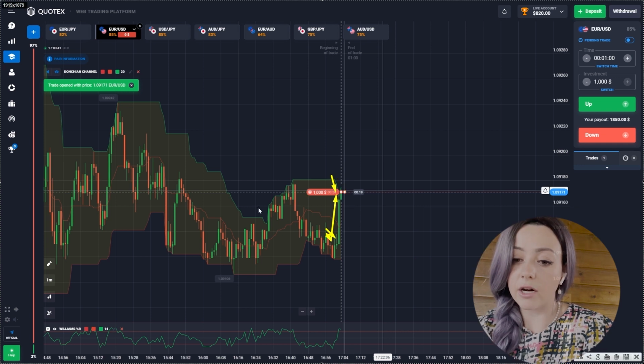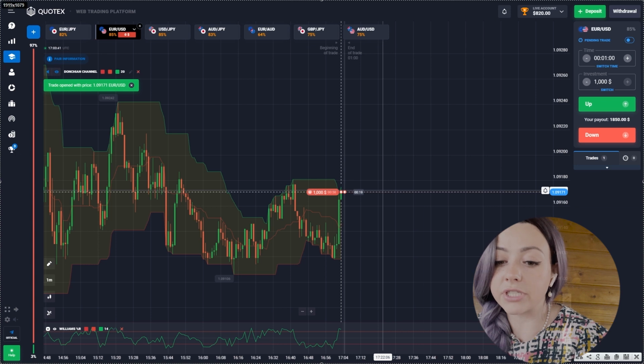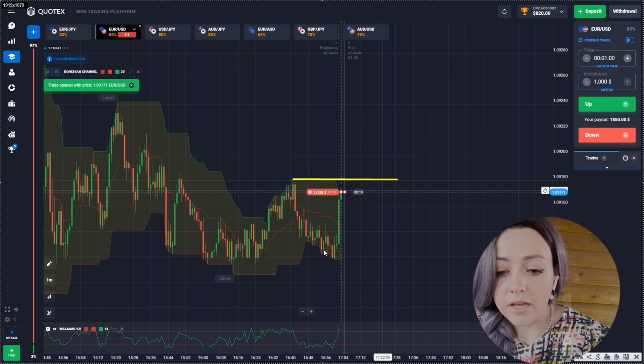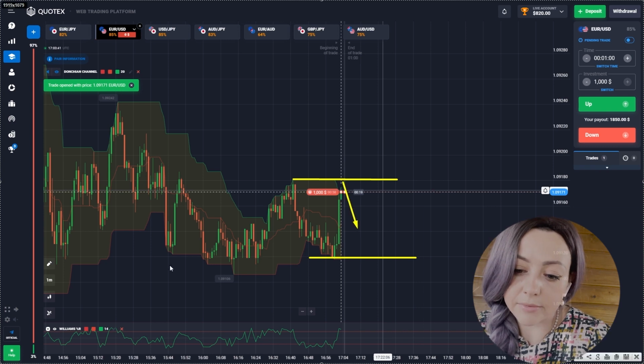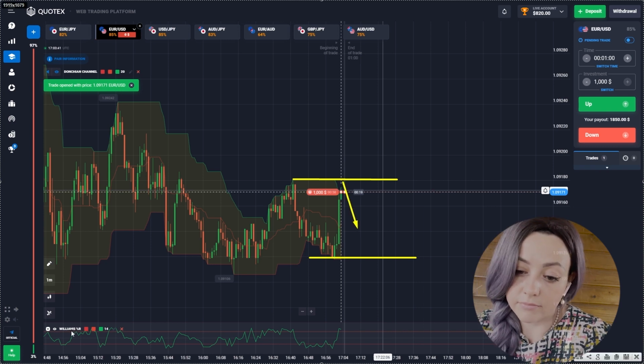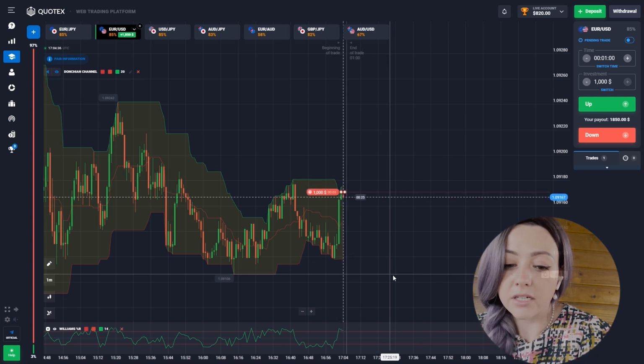What we can see in general is that we almost reached this line of resistance. Almost, we were that close. And according to Williams, the tail of this line looks down. 2 more seconds.